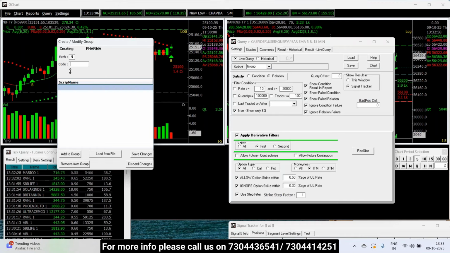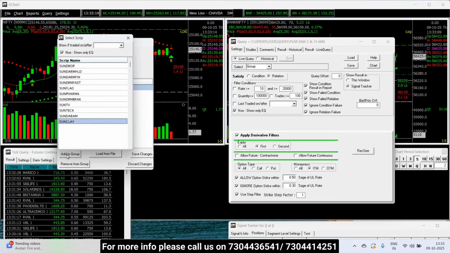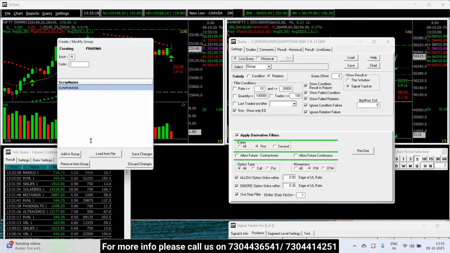For example, I'll go for Sun Pharma. As you can see here, there is Sun Pharma. Add to group. Sun Pharma has been added. And for example, I'll go for another one. Slabs have been added. So in this way, you can add.